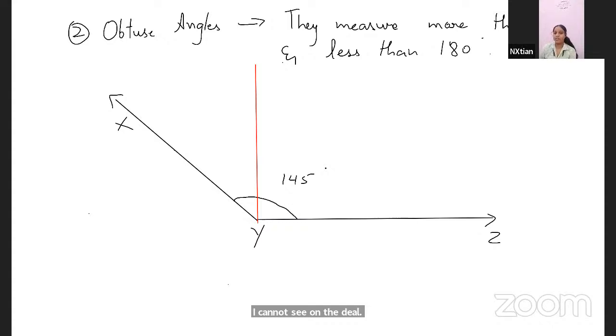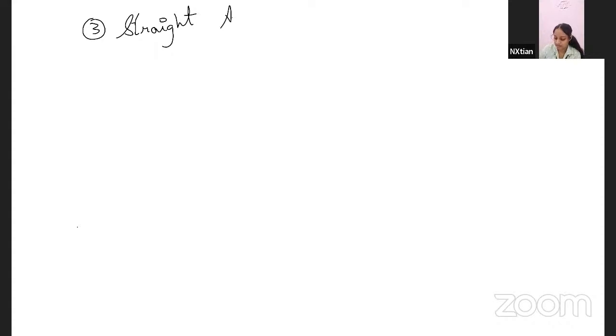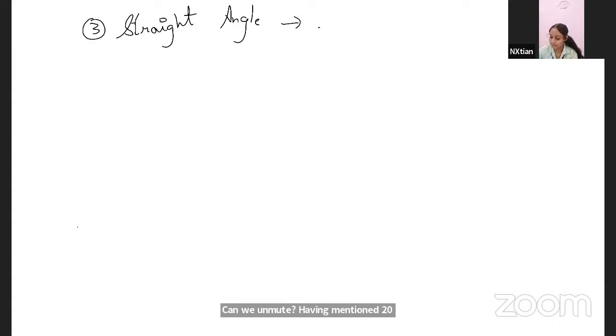All right. So next we will see a straight angle. Third one, we will see straight angle. Straight angle is only 180 degrees, right? Yes, very good. Straight angle is of 180 degrees. Any angle having measure equal to 180 degrees.